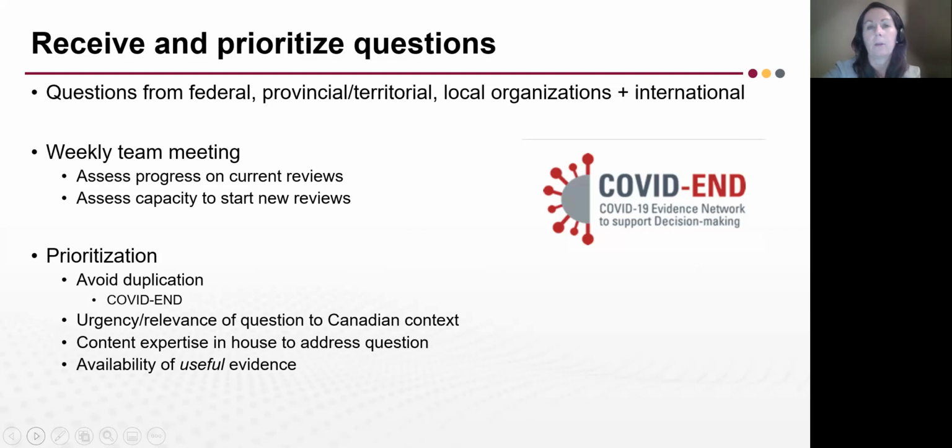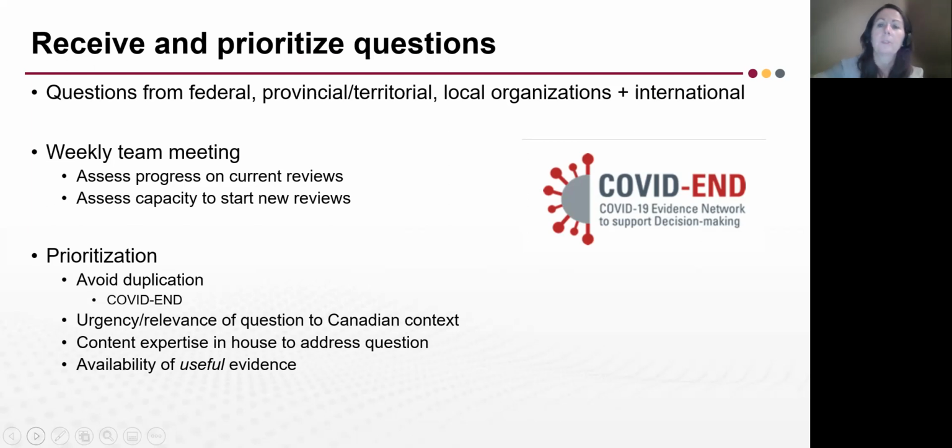So as many are aware, many jumped into the evidence synthesis world when COVID started. And so there were many groups simultaneously completing reviews on the same topics with the same studies at the same time. And so we really wanted to do as best we could to avoid that duplication.